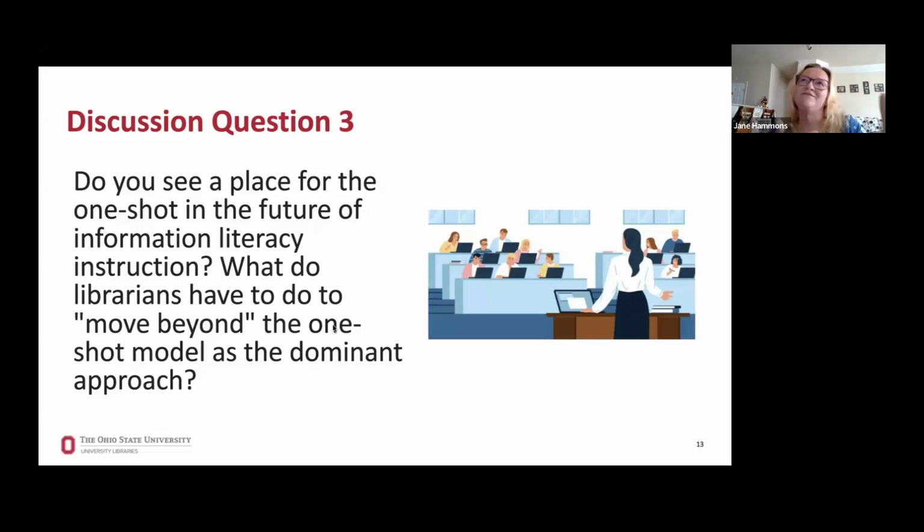So one of the things I've been thinking about a lot is mindset, and how can we stop always deferring to the needs of the faculty member and think about ourselves as educators, as having expertise in our area and knowing what is best pedagogically.